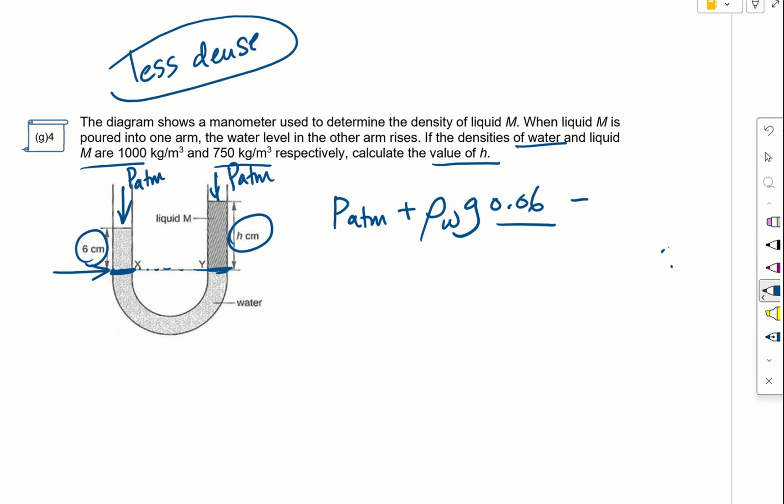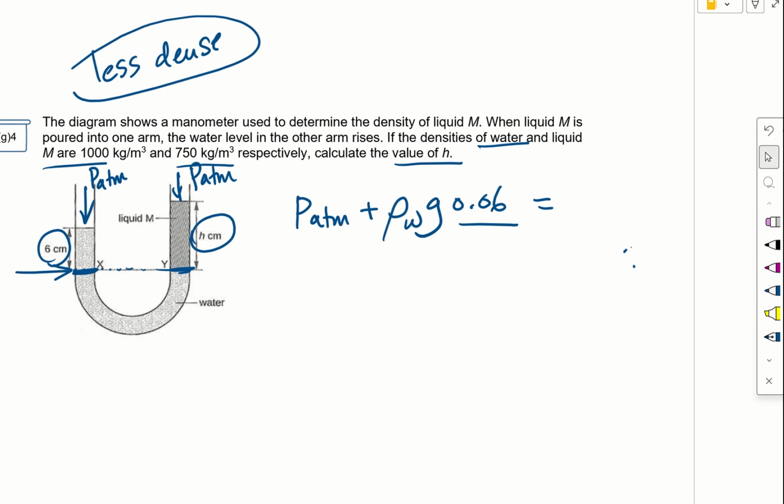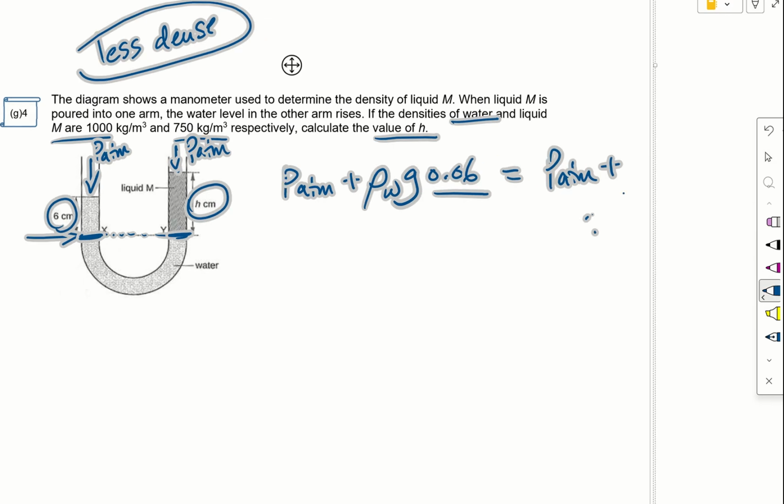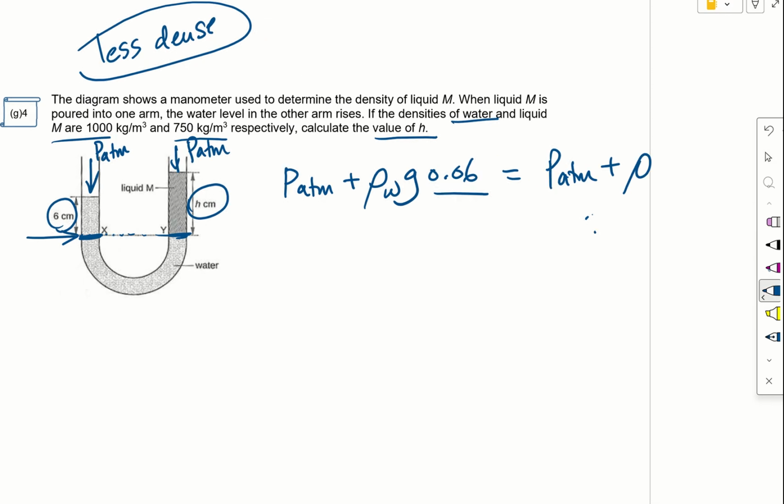This will be equals to the right arm's pressure, which is due to PATM, plus rho of liquid M, density of liquid M, G, and the height I can change to H divided by 100 because it's in H cm, and by right, when I'm using this formula, everything must be in SI unit. Because both sides are subjected to the same atmospheric pressure, I can actually cancel them out.